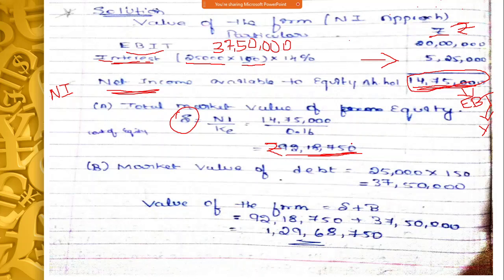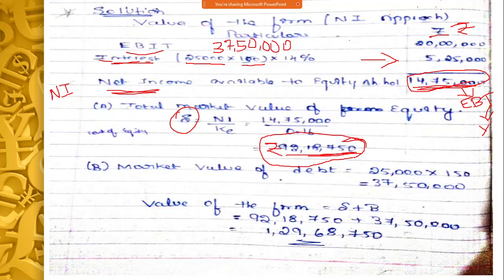This particular amount is the market value of equity shares, or in other words, it is the entire value of the equity of the company as of today in the market.